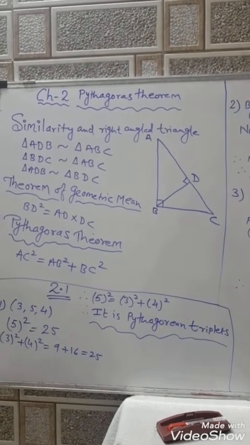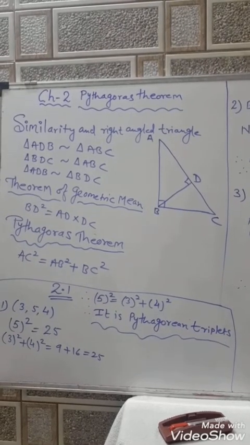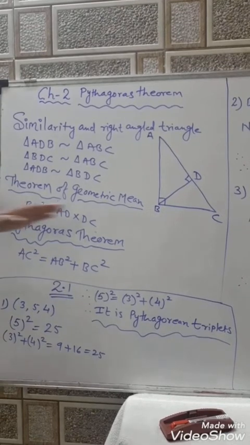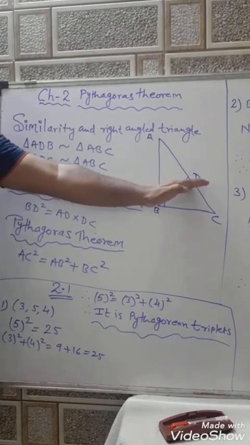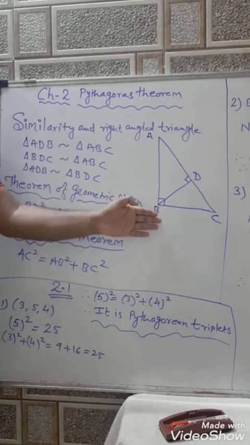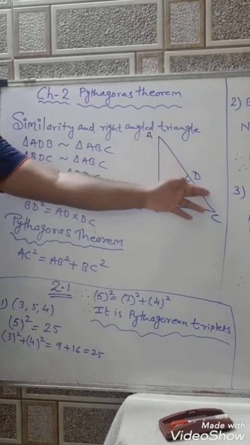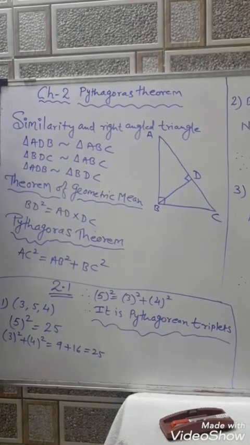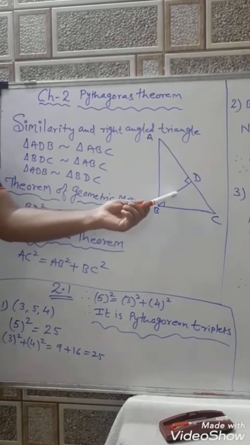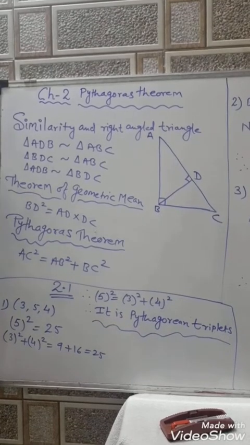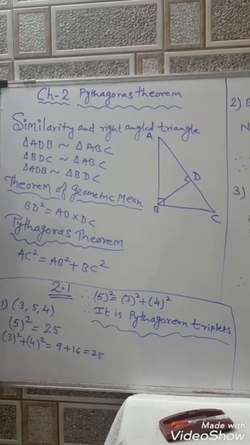Second part is the theorem of geometric mean. The line or the ray which bisects one angle divides the opposite side in two parts. So this ray is known as the geometric mean. It is a simple formula you have to learn by heart.